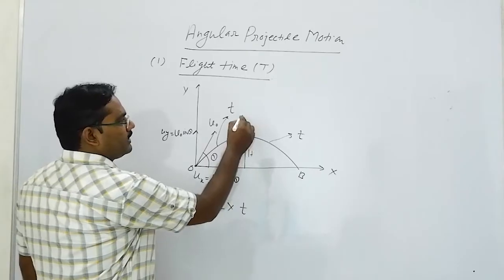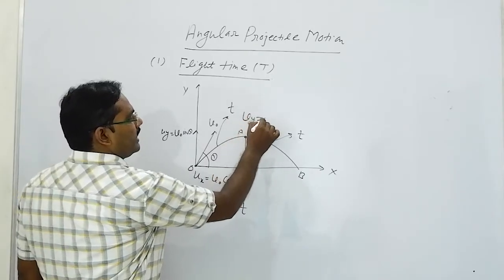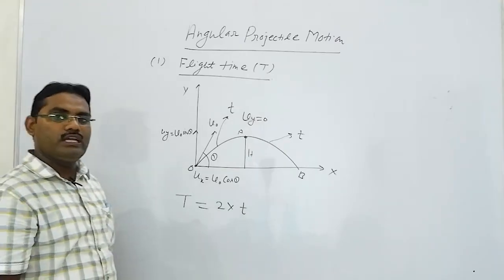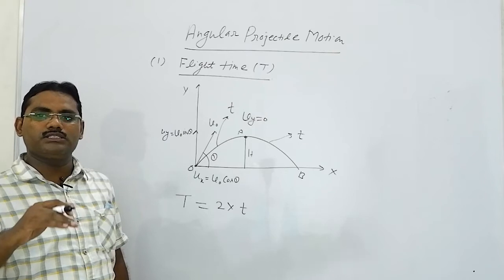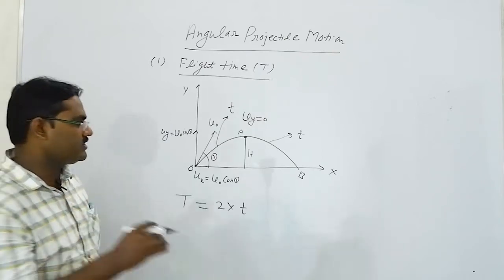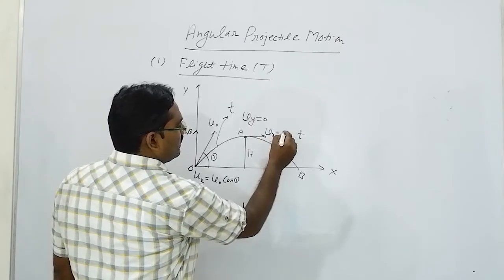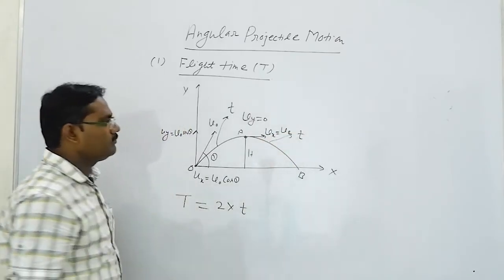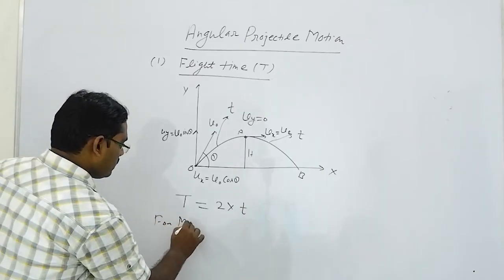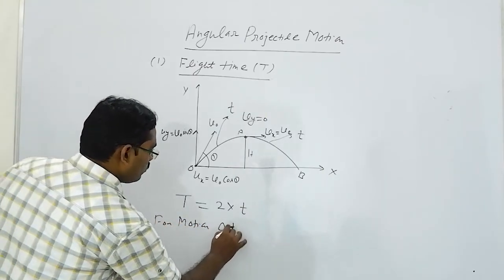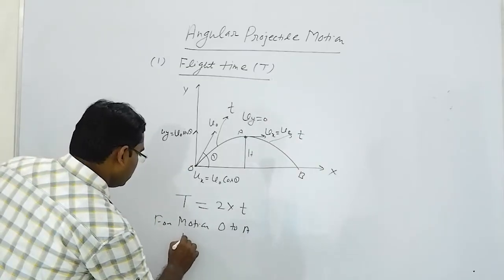At the highest point the vertical component is 0. That means Vy is 0. In projectile motion the horizontal component remains constant at each point of the trajectory. That means the horizontal component remains the same, v naught cos theta. For motion from O to A, what happens here?